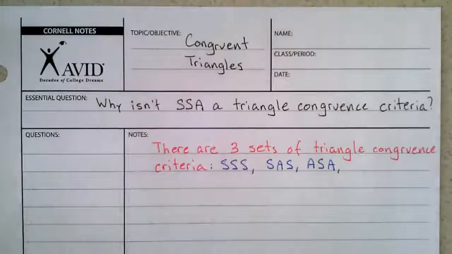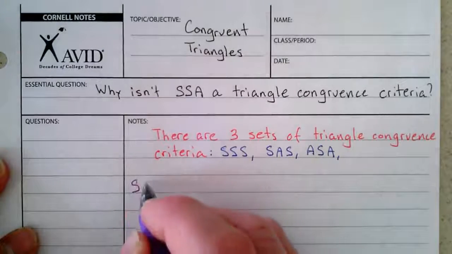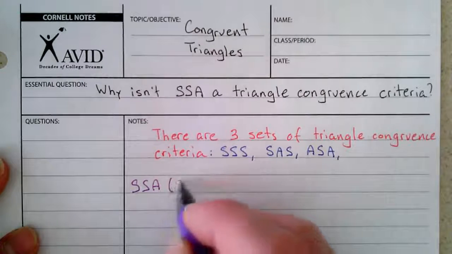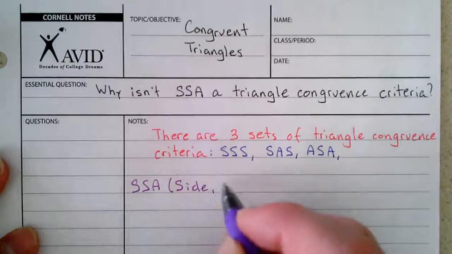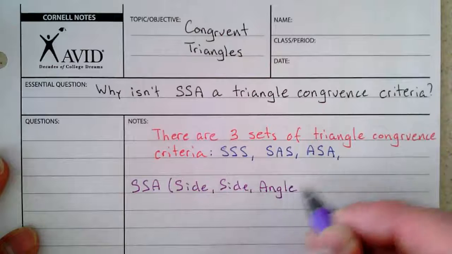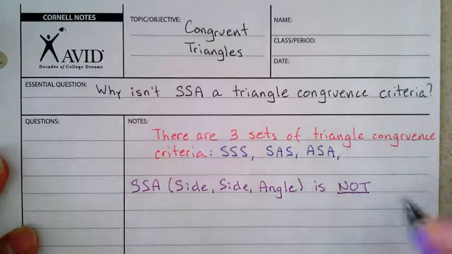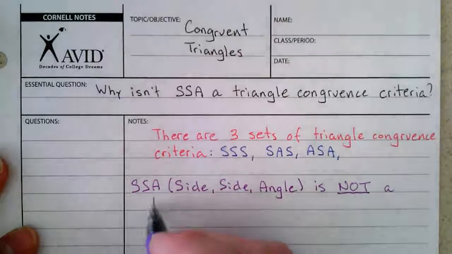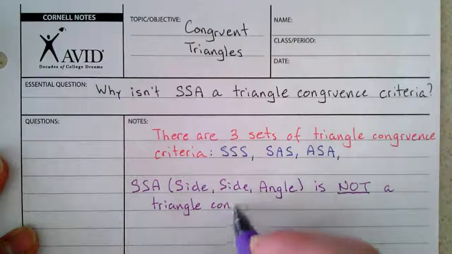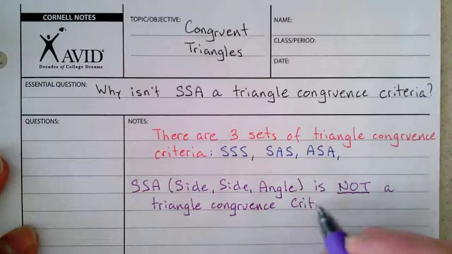But there's one in particular that kind of shows up as a problem, and it is side-side angle. And that is not a triangle congruence criteria.